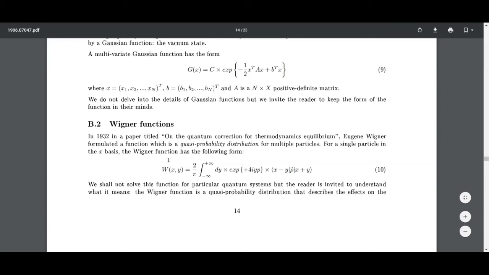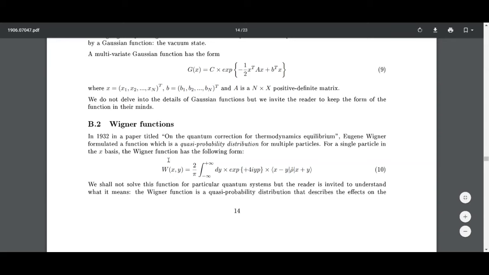If the solution to the Wigner function for a particular quantum state in a given basis has the form of a Gaussian function, we say that such a state is a Gaussian state. So the system is in a Gaussian state.